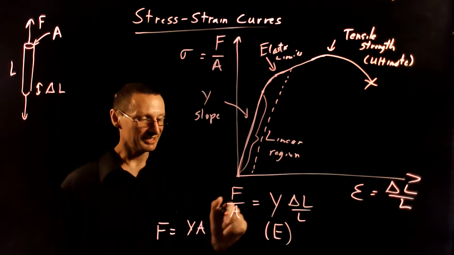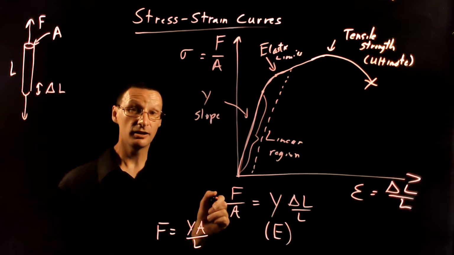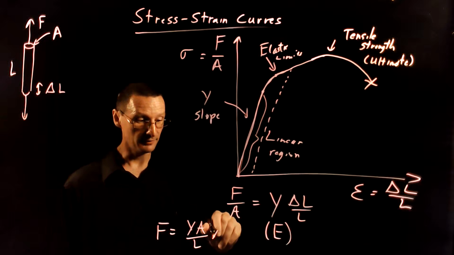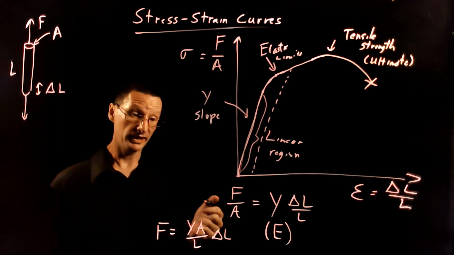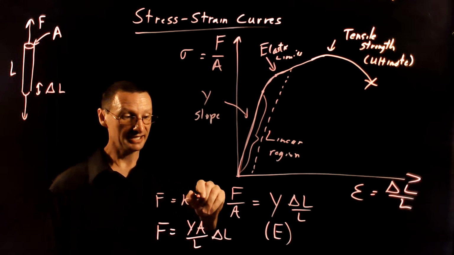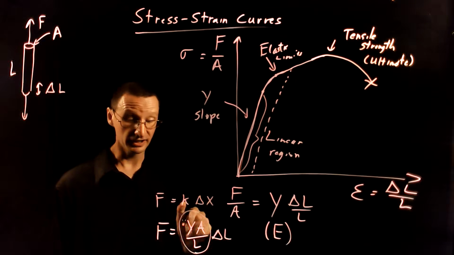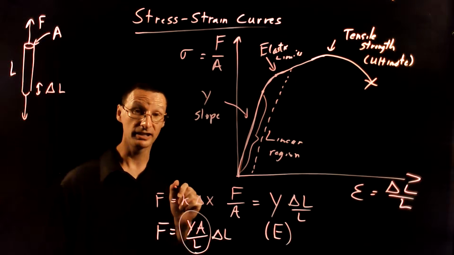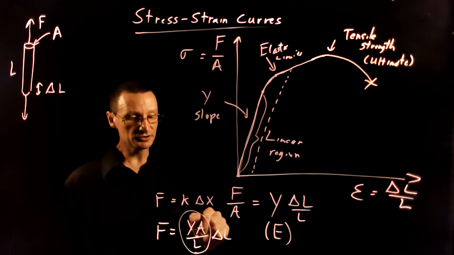And let me put that with the length too, because I want to get the elongation, or the delta L, by itself. So now this looks very much like what we see for springs. For springs we have F equals K delta X. And so this portion right here, the Young's modulus times the cross-sectional area over the length, looks just like a spring constant.